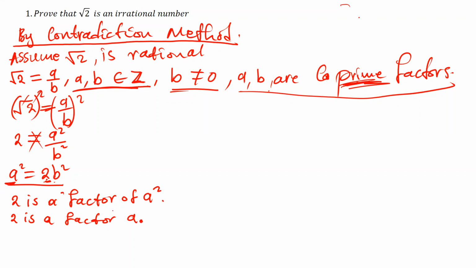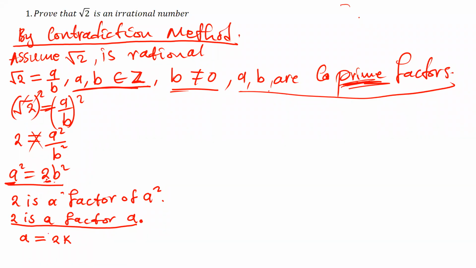Using this last statement that we have here, we can also derive that 2 is a factor of a. It means that if I want to find a, I have to multiply 2 by a certain number, which is k.